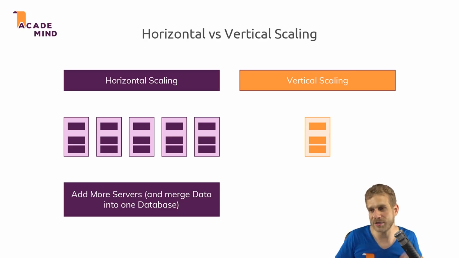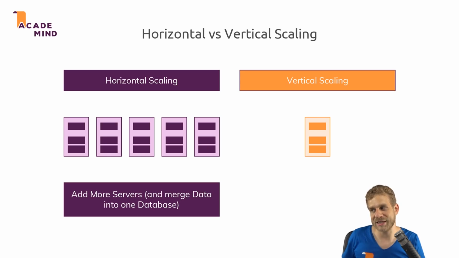And that is harder than you might guess. And for SQL servers, it's especially hard and often not possible because the data can't be split across multiple servers. So therefore, this horizontal scaling is very often not supported for SQL databases.